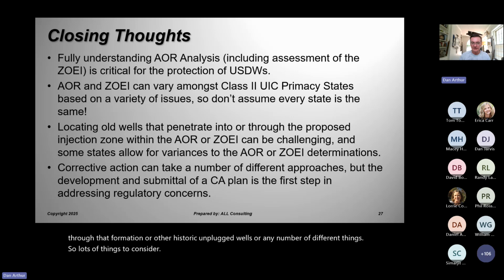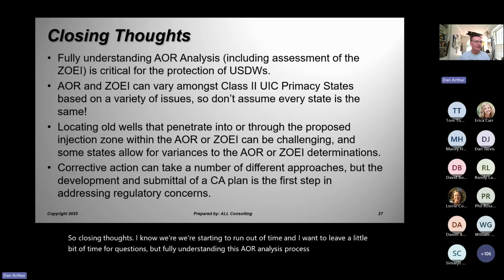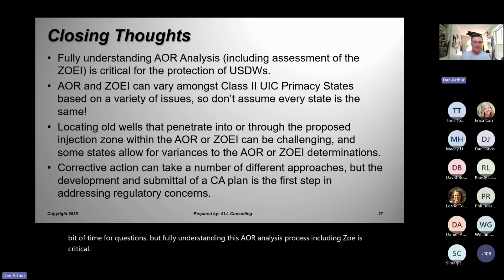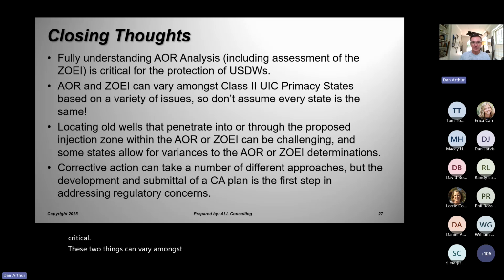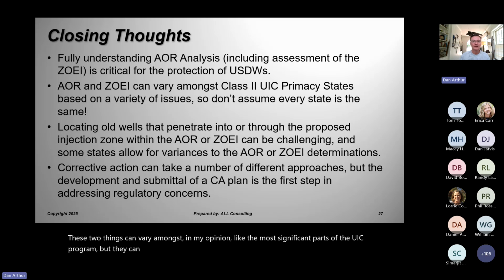So, closing thoughts. I know we're starting to run out of time, and I want to leave a little time for questions, but fully understanding this AOR analysis process, including ZOE, is critical. These two things can vary, in my opinion, as the most significant parts of the UIC program, but they can also vary by every state, and we're dealing with a lot more things that have created more complexities with AOR and ZOE.